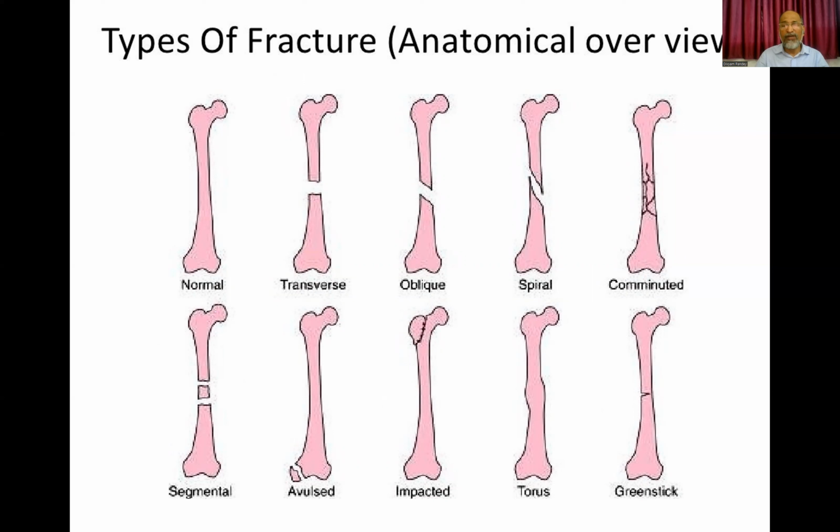Then you have an oblique fracture, where the fracture line goes at an angle from the long axis, which is more than 30 degrees, and this is called a low oblique fracture. Then you have a high oblique fracture, where the fracture line goes to more than 60 degrees.